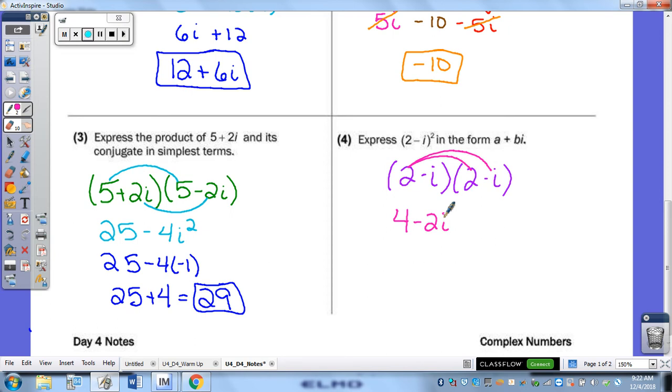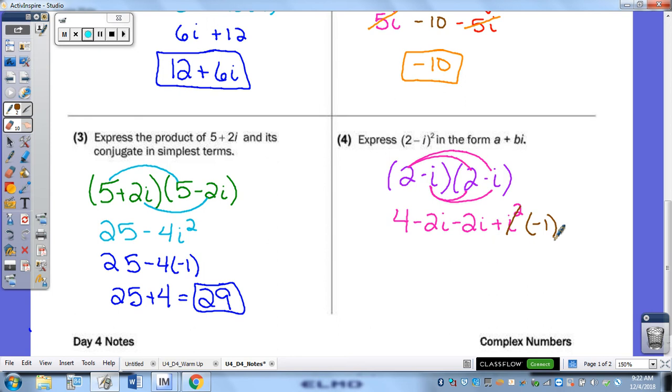Now we have to distribute this negative i. So negative i times 2 gives us another negative 2i. And then negative i times negative i is going to be a positive i squared. So again, i squared is negative 1, so I'm going to replace that with negative 1.